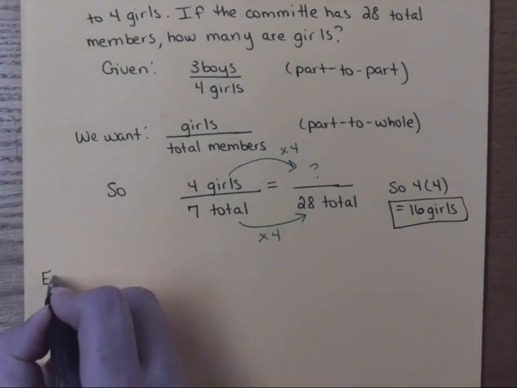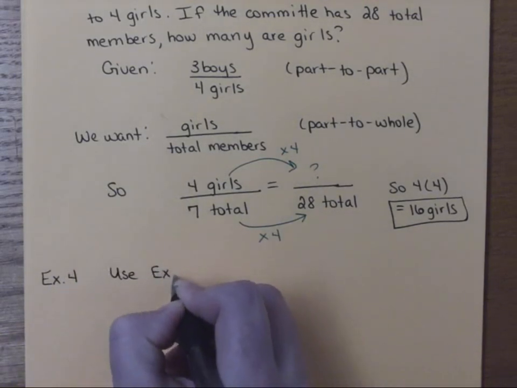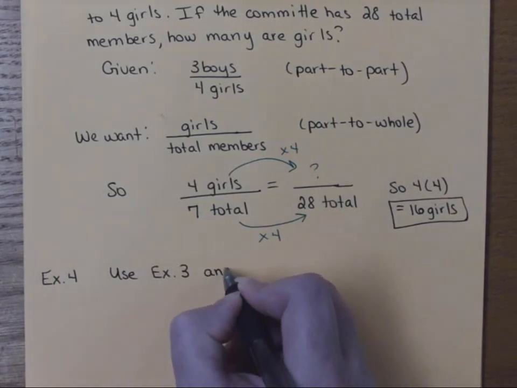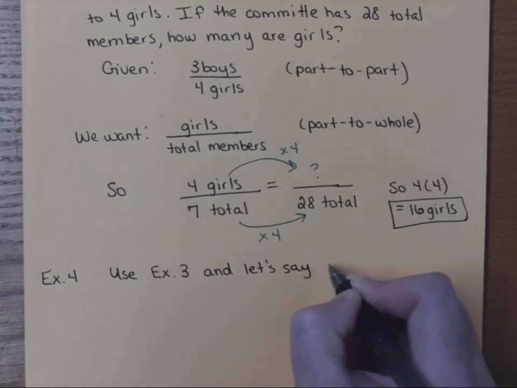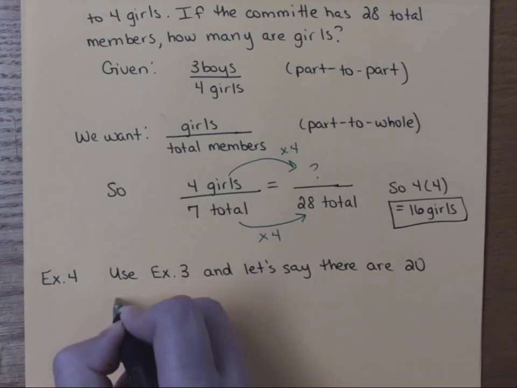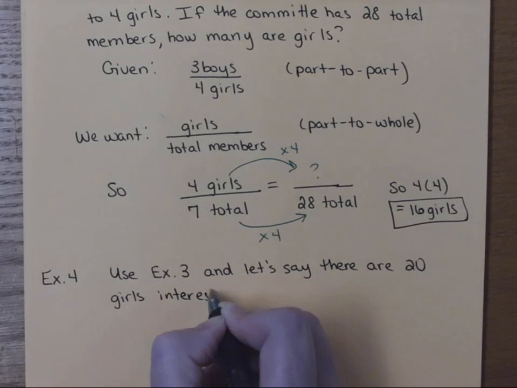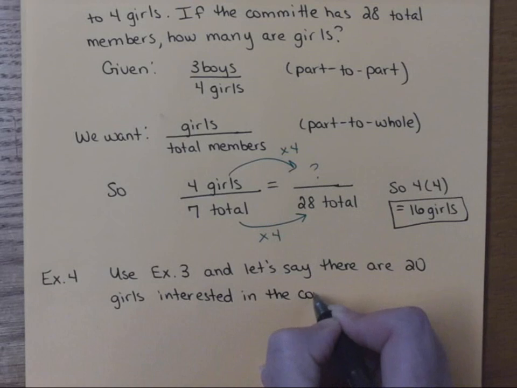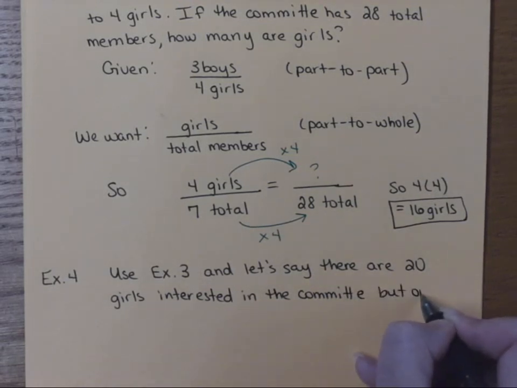All right, so let's just do a variation of the problem we just did. So use example 3, and let's say there are 20 girls interested in being on the committee, but only 6 boys so far.